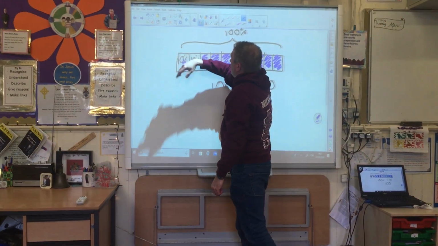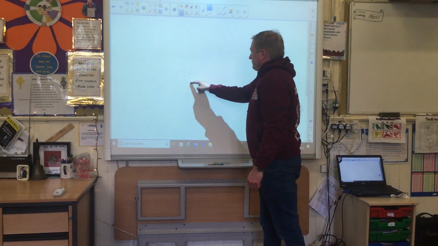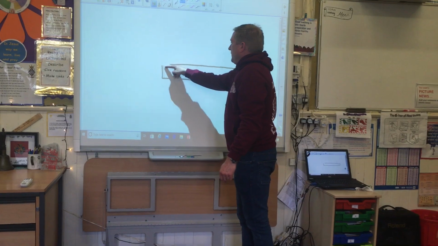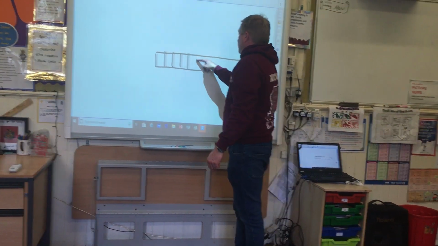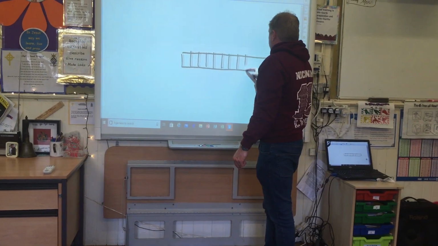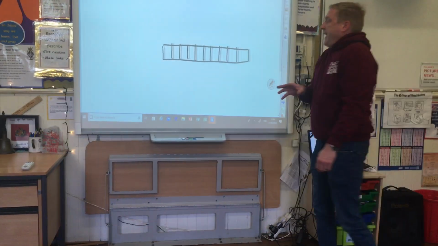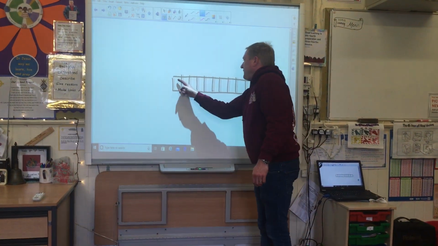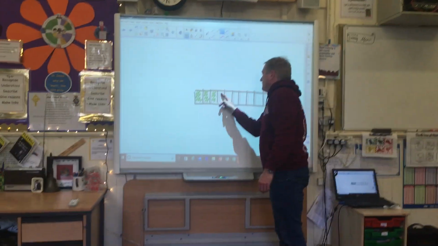Okay, now, one more thing that you might come across on the first set of work is a bar model. I'm going to divide it into 10. 1, 2, 3, 4, 5, 6, 7, 8, 9, 10. And then they've already coloured it in for you. They've coloured in a certain number of segments.